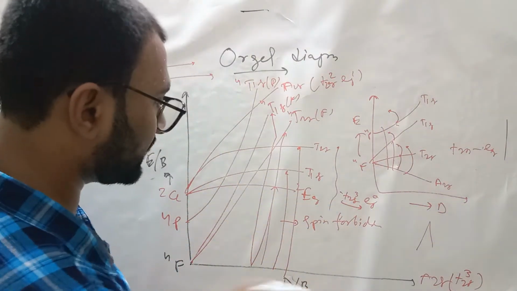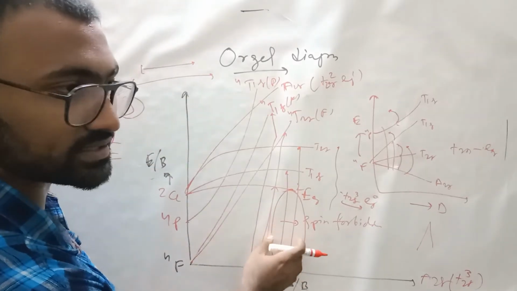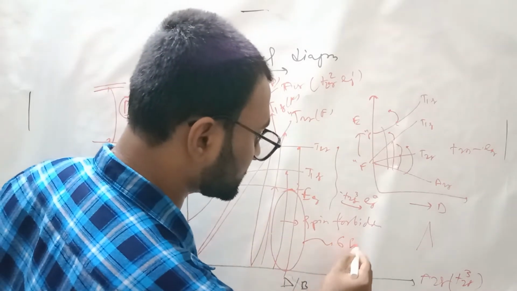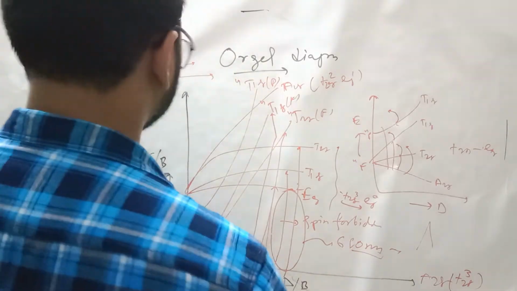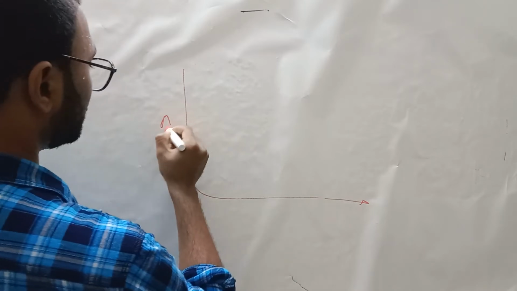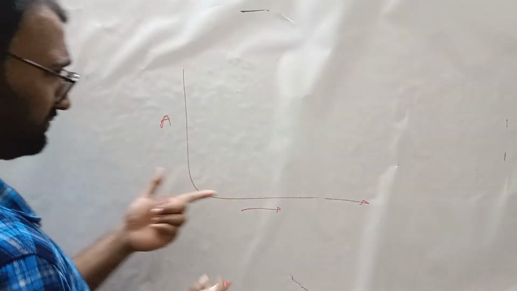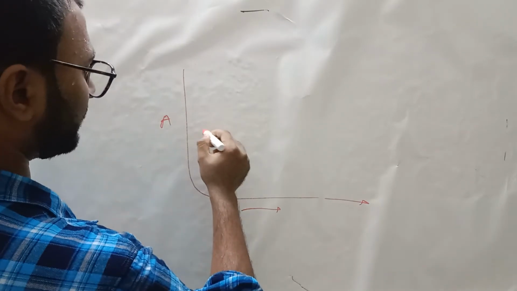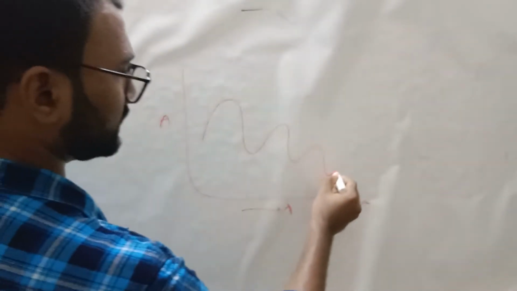This sharp peak is in the lower energy region, and it comes around 650 nanometer in the visible range. In the absorbance spectra, when we are looking for the transitions, we can find this lambda.